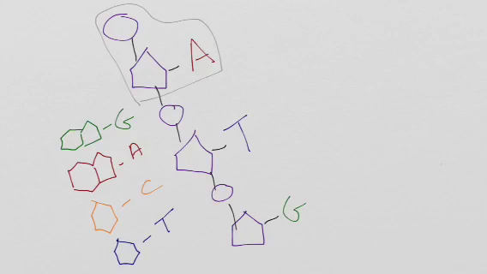This is like one chunk of Lego blocks. And then this guy right here is another chunk of Lego blocks. And this guy right here is another chunk of Lego blocks. And these three molecules together, the phosphate, the sugar, and the specific nucleic acid, combine to actually be called one nucleotide.